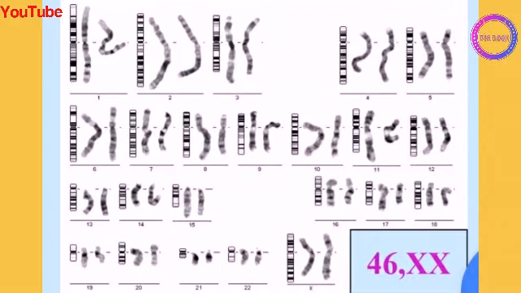So here in this slide you can observe that a human karyotype of a normal female has been given. In each pair they have shown three chromosomal appearances. It doesn't mean that humans have chromosomes in threes. We are diploid in nature, so 2n is equal to 46.